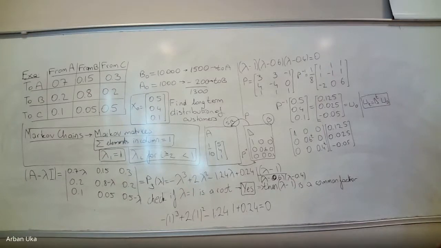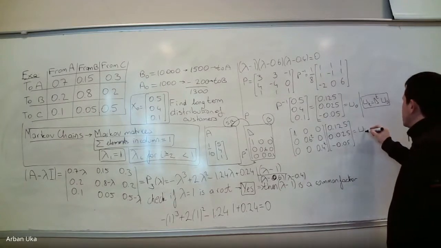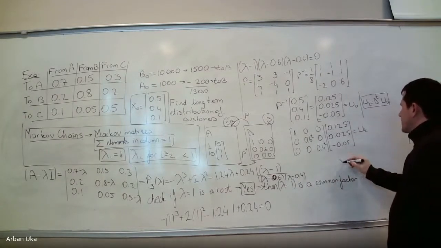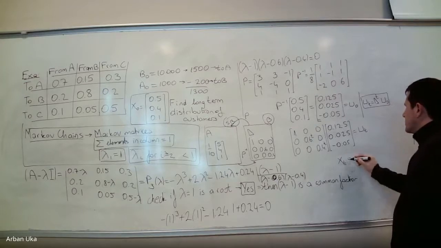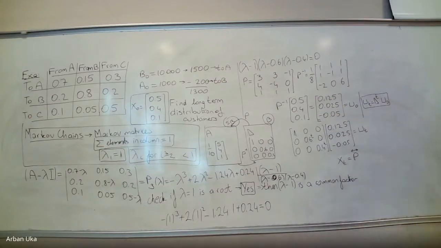And from here, this will give us the Ut, but then we would have to find the Xt, and the Xt should be equal to the matrix P, which is clearly reported in here, times the Ut.